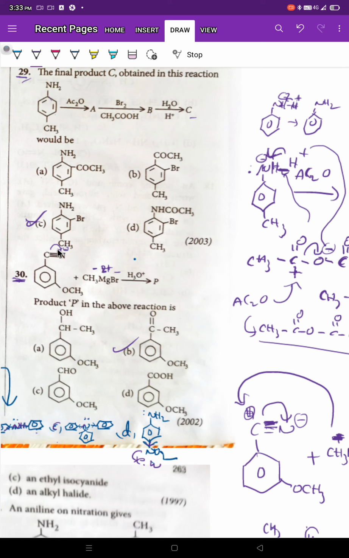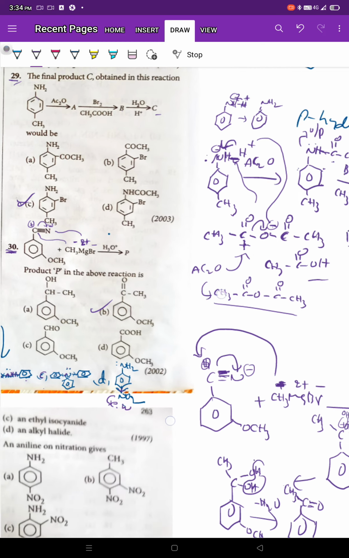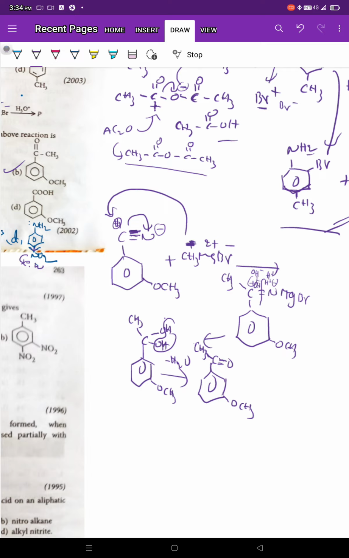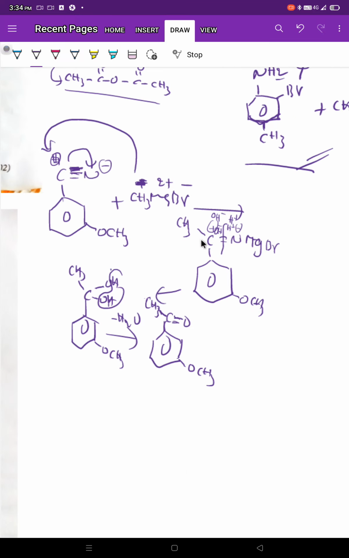This is plus, and this group moves like this, and this group moves like this. You can see what happens here. I have written here. Then the CH3 group is attached here, and this one is attached like this. And then you can expect hydrolysis.